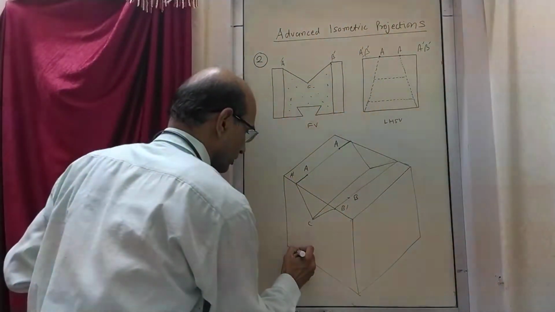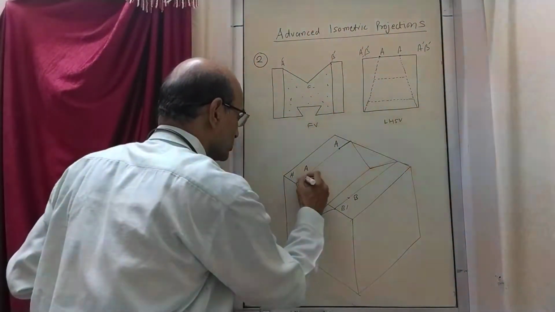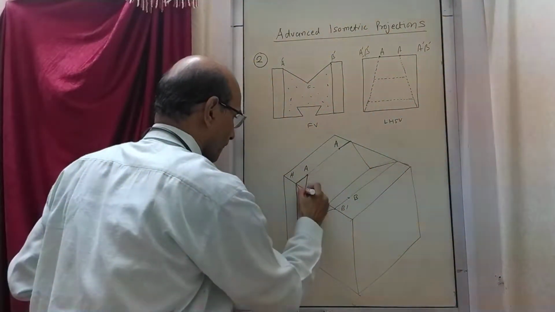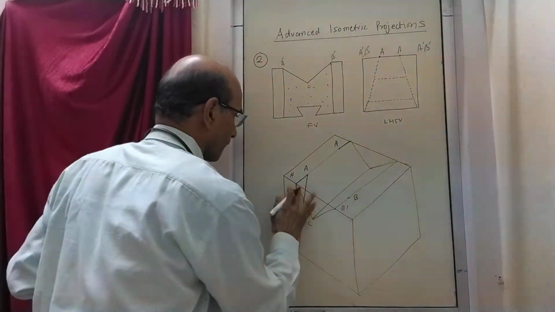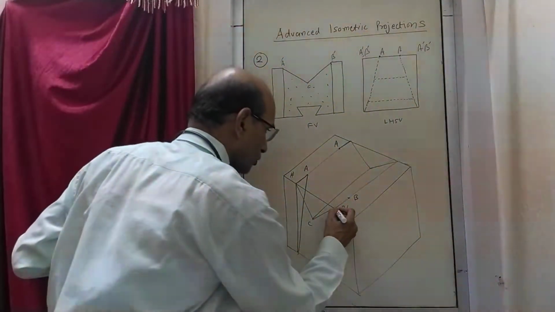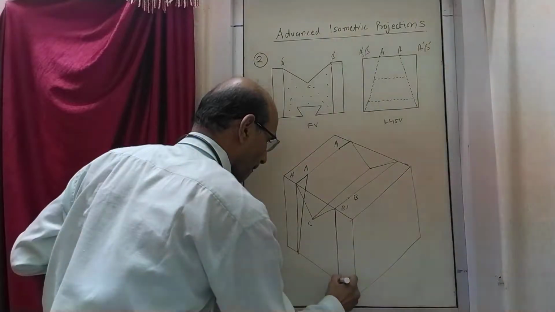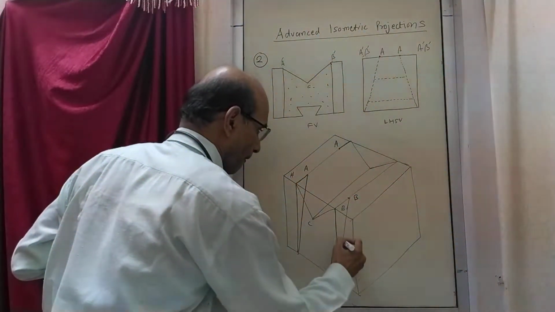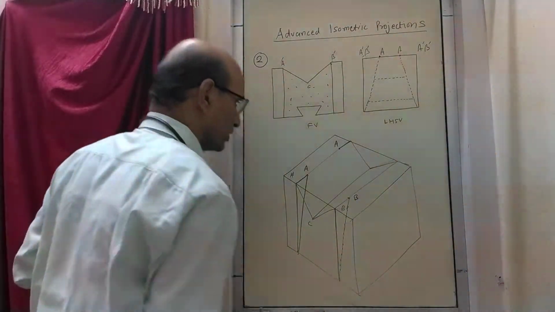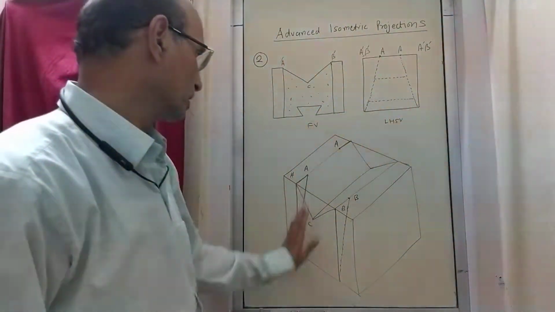From this point to this point, if I join, this is the inclined surface. Same thing here also, but here it will not be seen. It will be dotted.